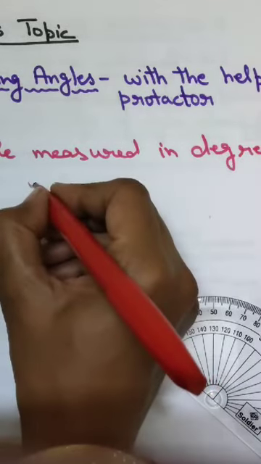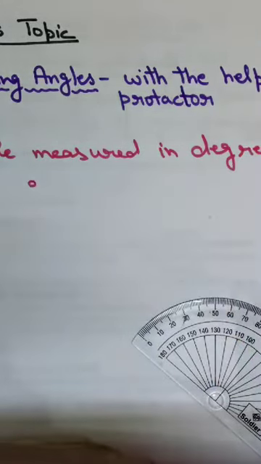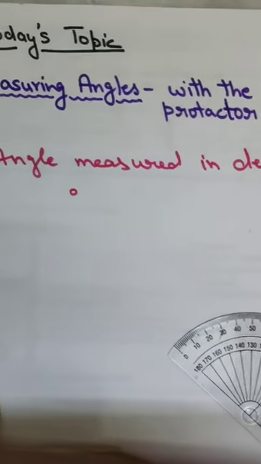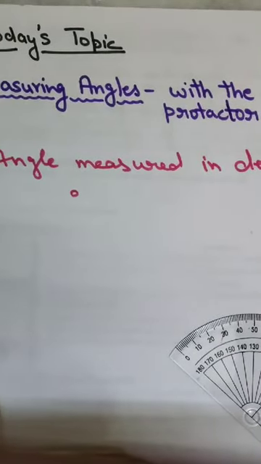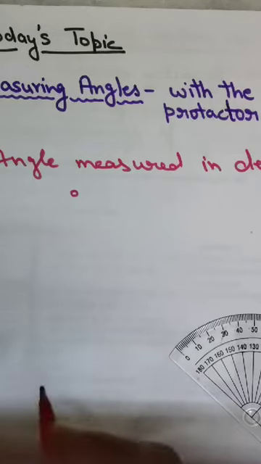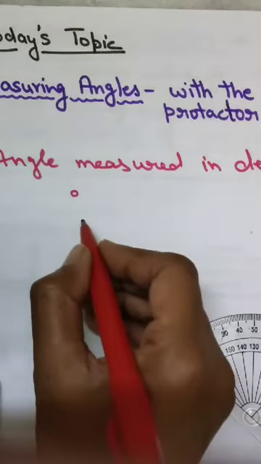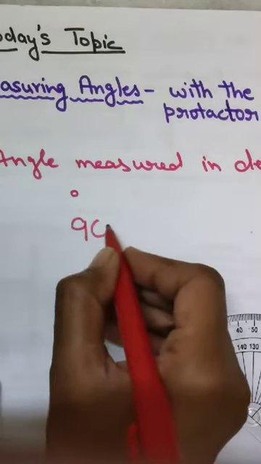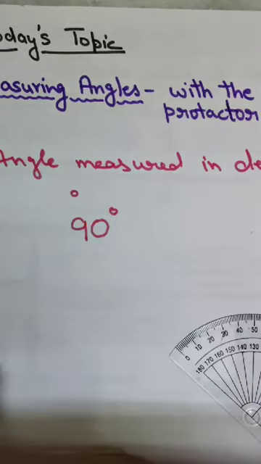And this is the sign of degree, a small 0. Fine. Angle we always measure in degrees. Suppose it is a 90-degree angle, then how will we write it down? We will write it like this: 90 degrees. Fine.